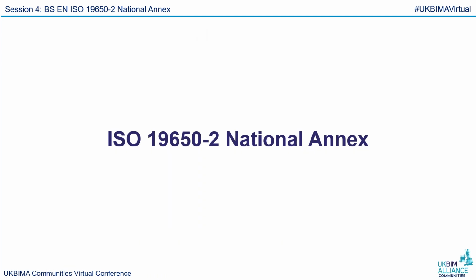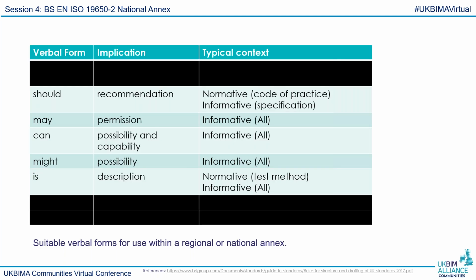Yeah, so there are a number of forms that take place there. Just before I go on, the point I will make, as David mentioned, is that there is no national annex for Part 3 or Part 5.